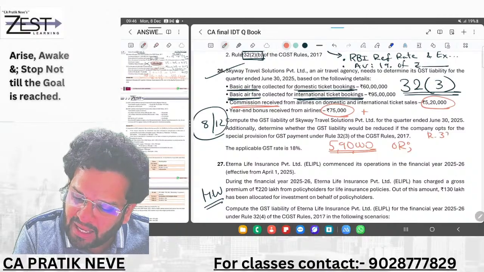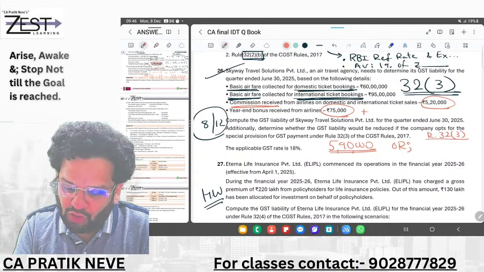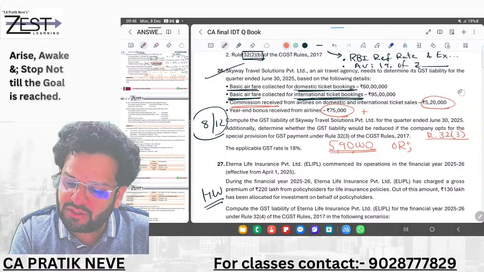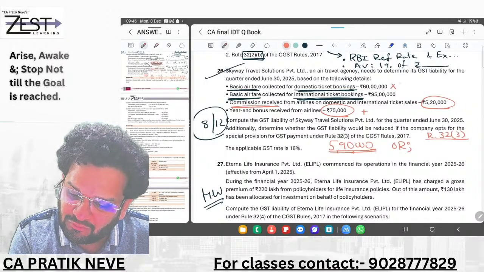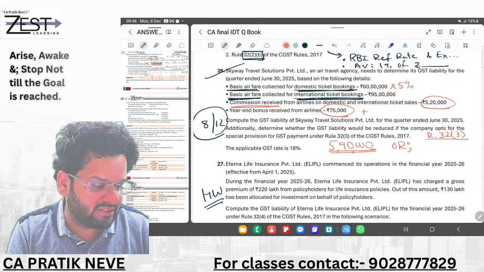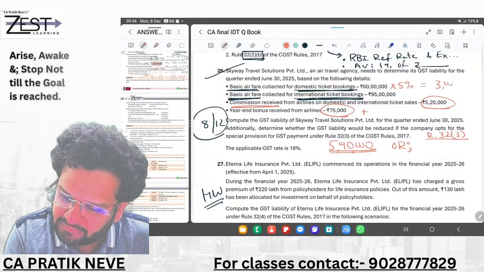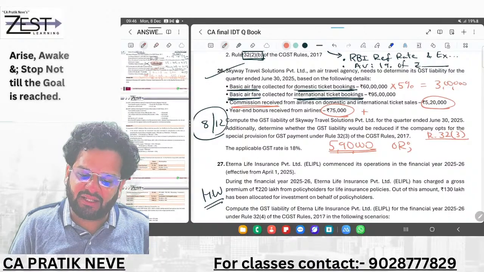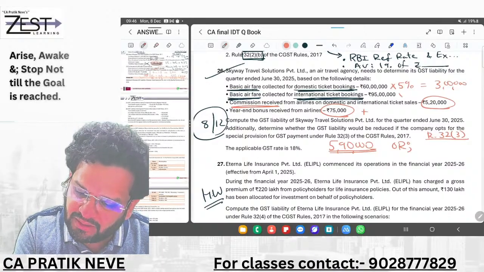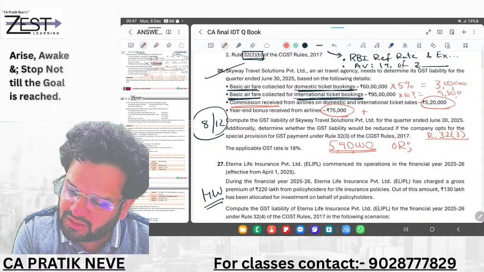And if you apply Rule 32 sub-rule 3, then in domestic bookings the value is deemed at 5% of basic fare. So 60 lakhs into 5%, that will be 3 lakh, and for international bookings it will be 10%, that is 9,50,000.